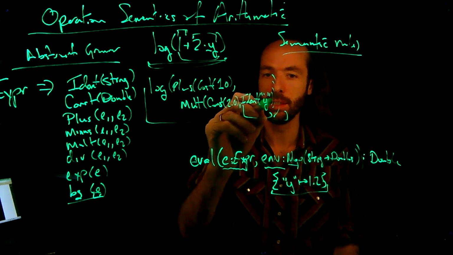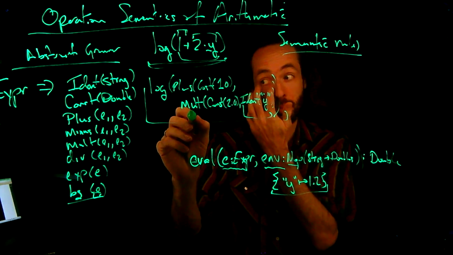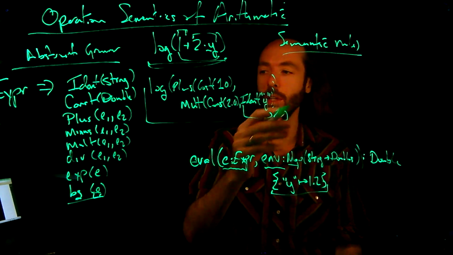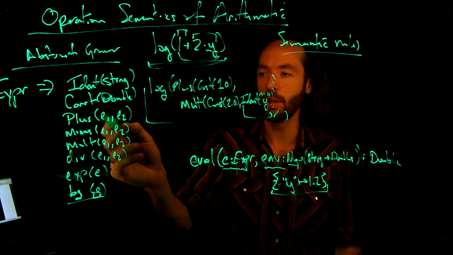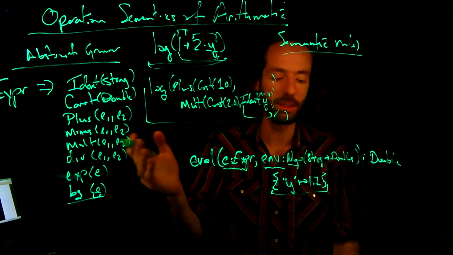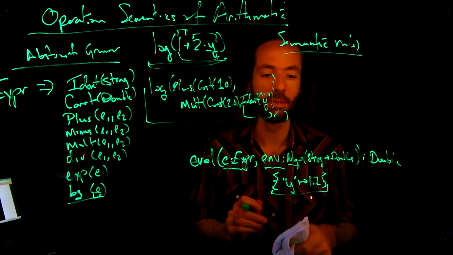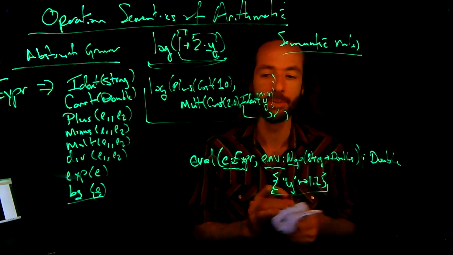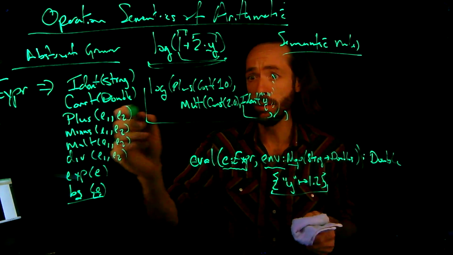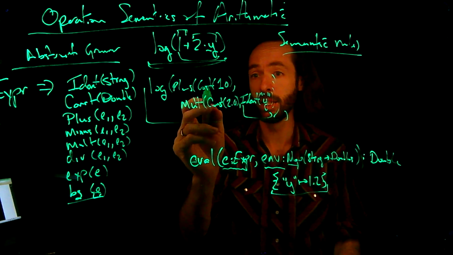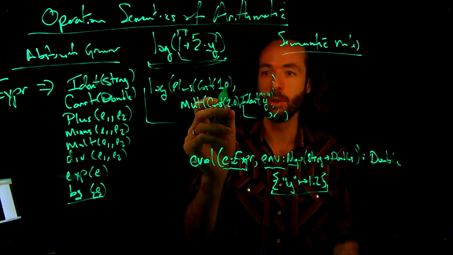Well, e is this interior chunk of the plus, right? So e looks like a plus of e1 and e2, which we'll have rules for that say exactly how I resolve this. I did a little example of this in the first week, but we're going to go into more detail here. Likewise, the plus contains e1, which is a const of 1.0.